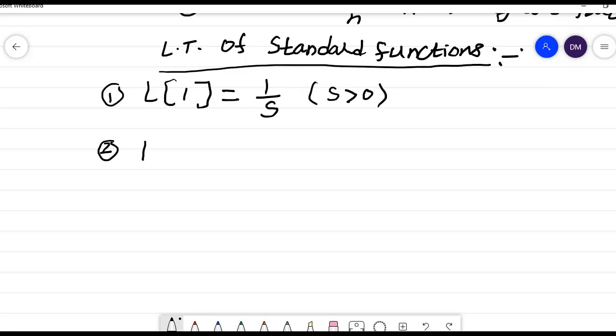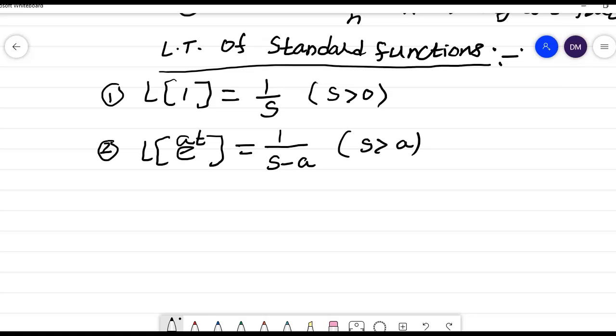The second one is Laplace transform of e power at. Laplace transform of e power at is equal to 1 by s minus a. Here s is greater than a. Now the third one is Laplace transform of e power minus at, which is equal to 1 by s plus a.